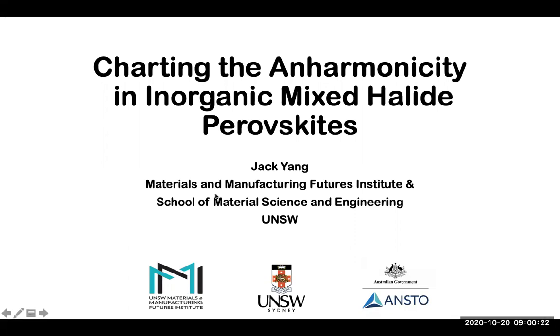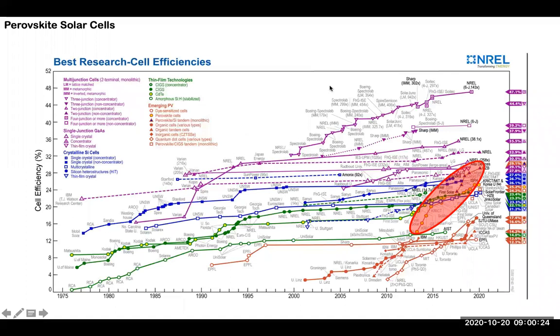Now, the materials we are working on are halide perovskites, and these have been quite a hit in the past 10 years. As you can see, in this solar cell efficiency chart the rise of halide perovskites is really steep during the past 10 years or so.